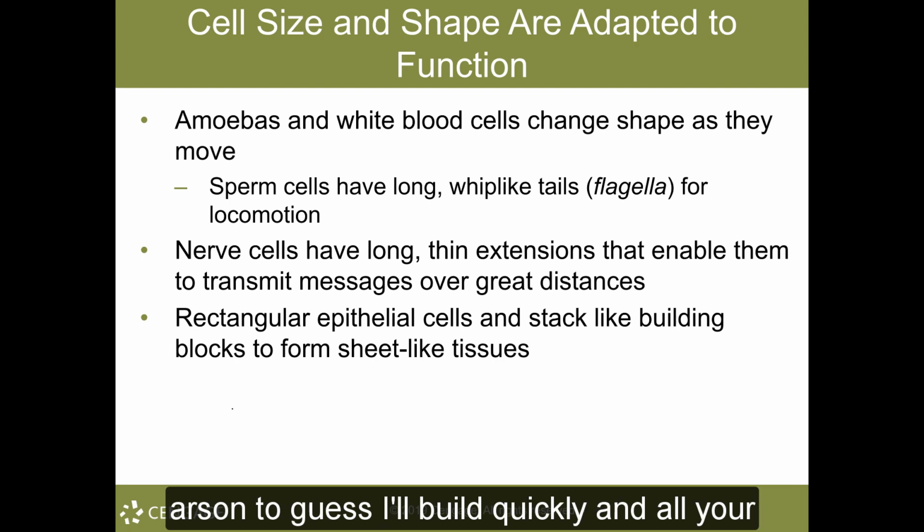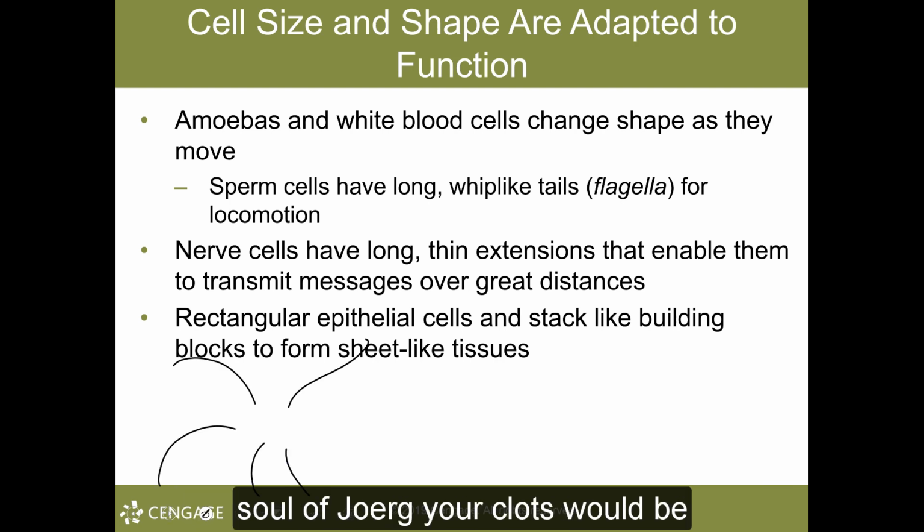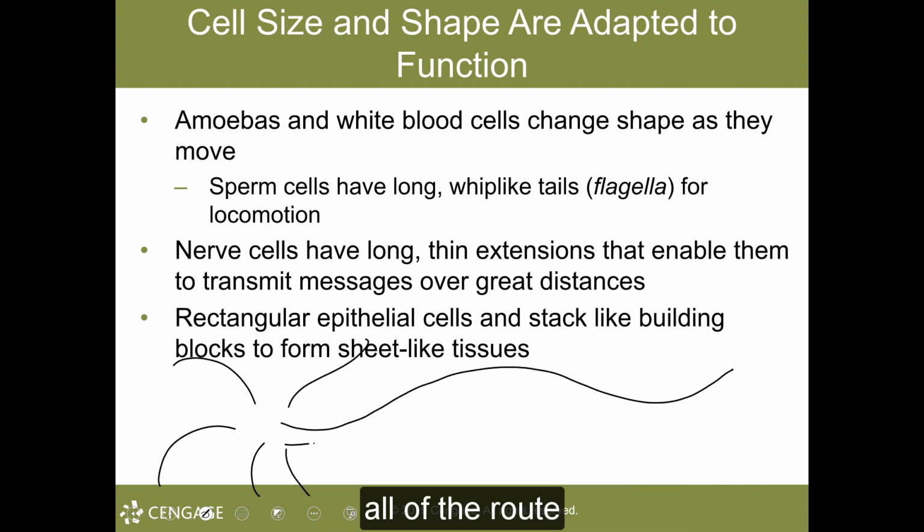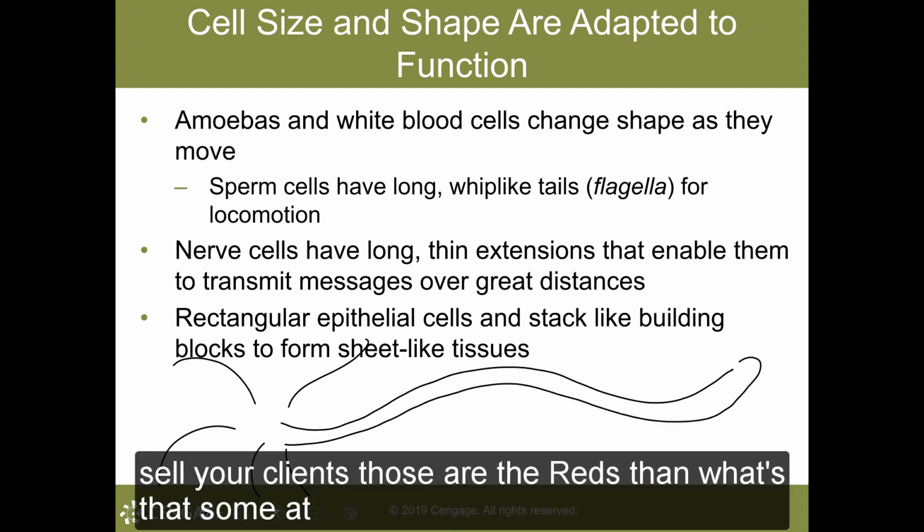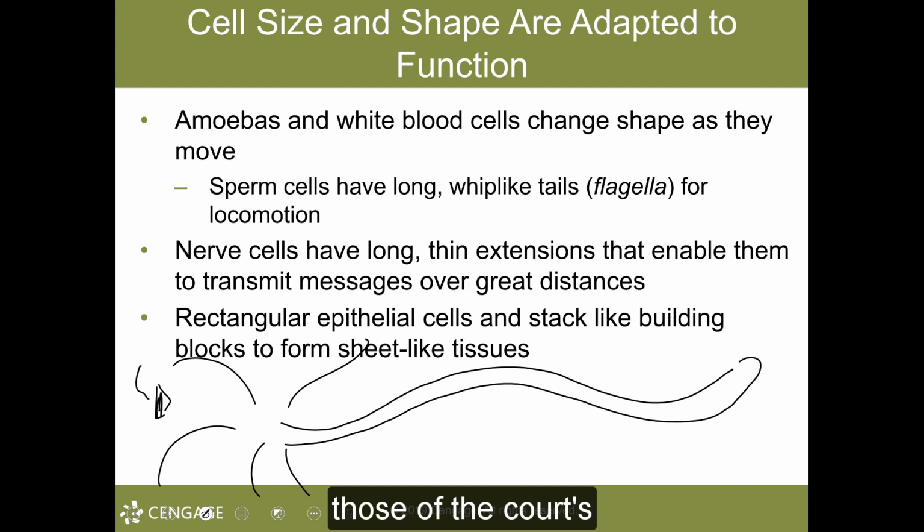For instance, I guess I'll go quickly here and draw a quick neuron. So what I'm drawing here, class, would be, well, a neuron. All right. So here, class, those are known as dendrites. That's an arrow. Those are dendrites. That's an ugly arrow.